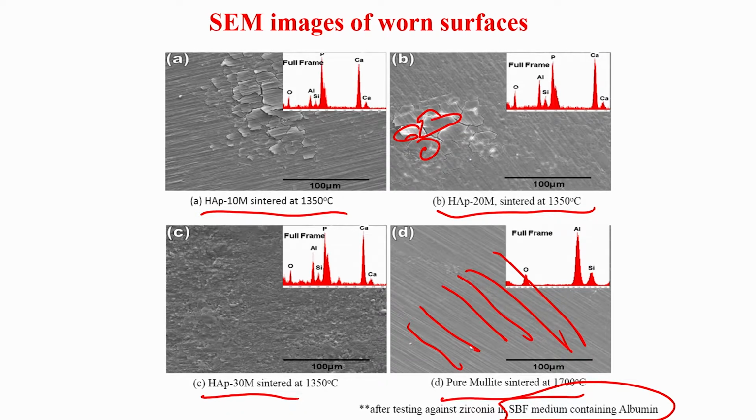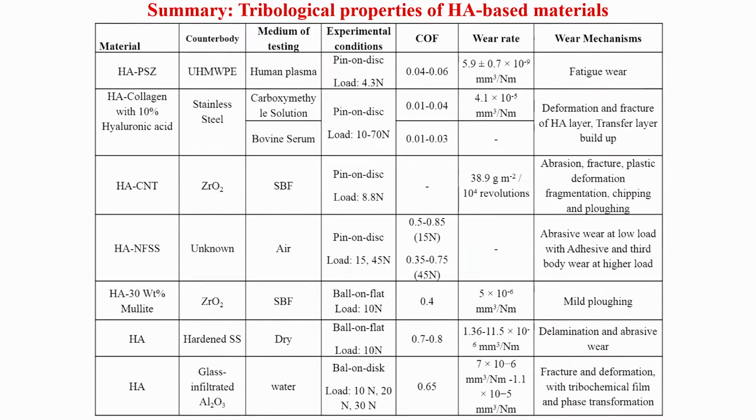Whatever additional observations one can notice from this particular SEM image must be due to the presence of any reaction phase which is formed because of the interaction between hydroxyapatite and mullite at the sintering temperature, that would additionally influence the formation of the tribochemical layer.